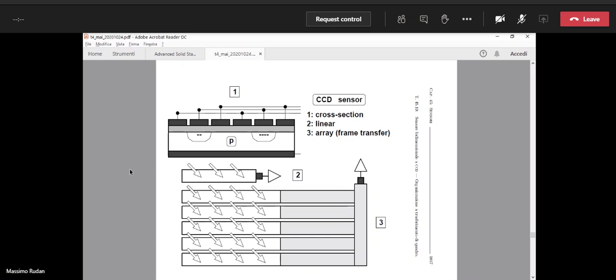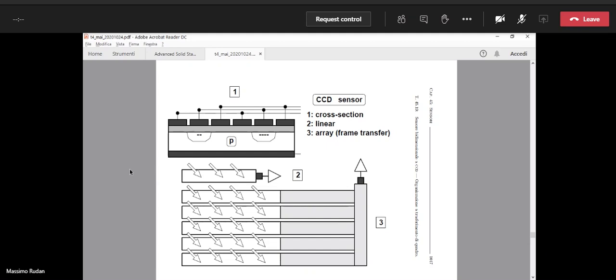We divide the colors from each other. And then the 3 fundamental color components are independently detected by the 3 arrays, and they are combined later into the signal, okay?